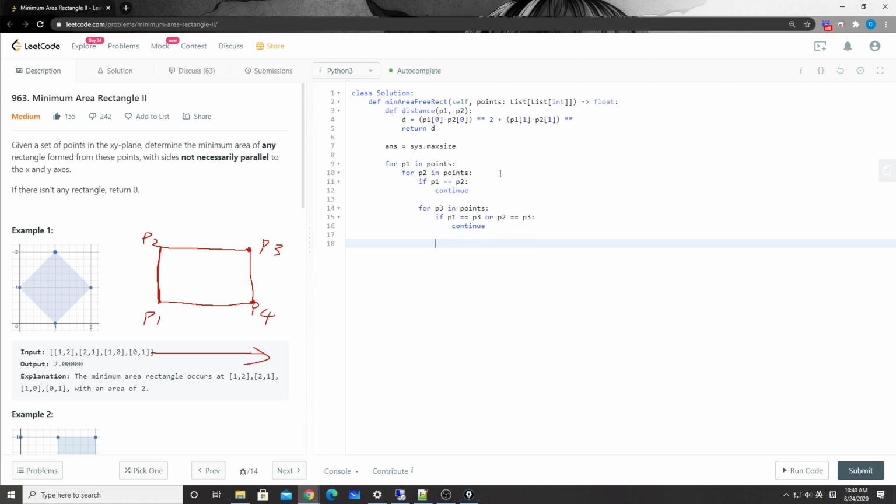Else, how can we know if the third point is the point we need? That's why we need to use the Pythagoras theorem, right?